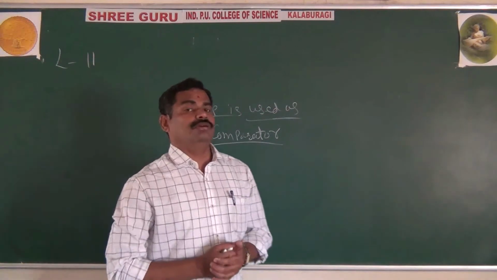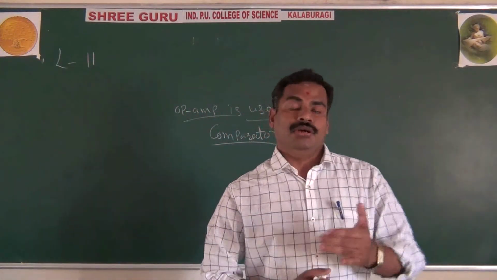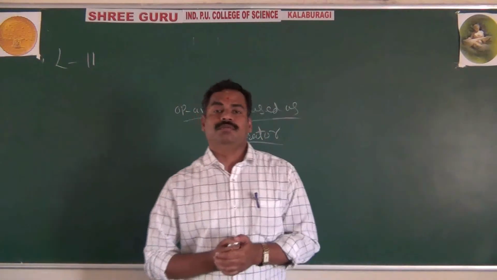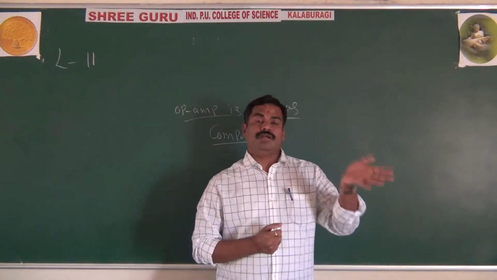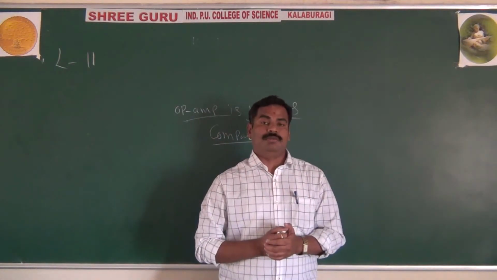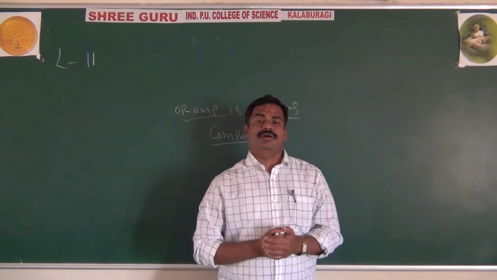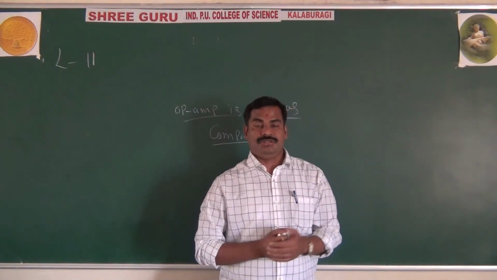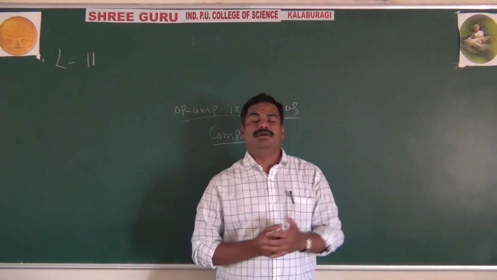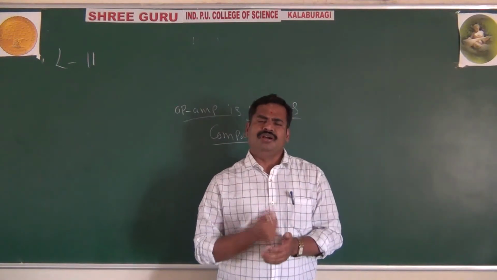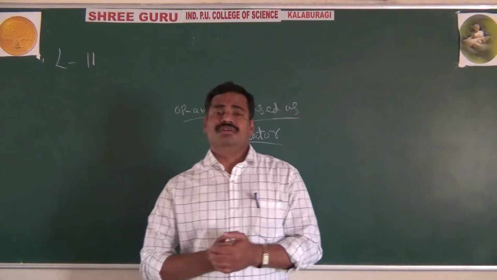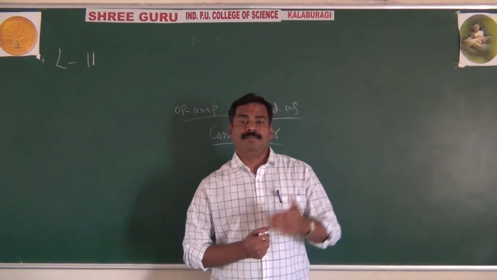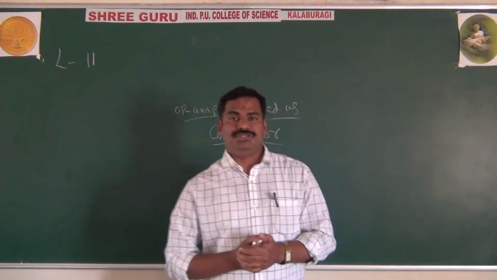Especially in your operational amplifier, you already studied in detail the characteristics. There are two important characteristics of the operational amplifier: ideal characteristics and practical characteristics. And you have also completed linear applications.